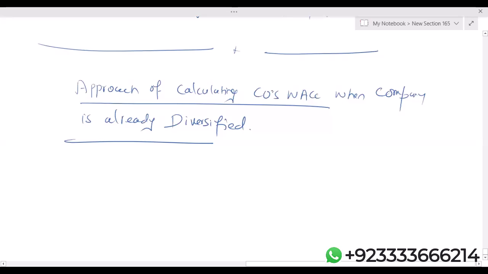Logically, when you are calculating a WACC of a diversified business, that is considered as a company's WACC. It's not a risk-adjusted WACC. Logically, we calculate risk-adjusted WACC when there is a diversification. Then we'll go for risk-adjusted WACC. And the second concept for the risk-adjusted WACC is in case of overseas investment appraisal. In case of overseas investment appraisal, no matter you will be doing the same business overseas, still, technically, I need risk-adjusted WACC.